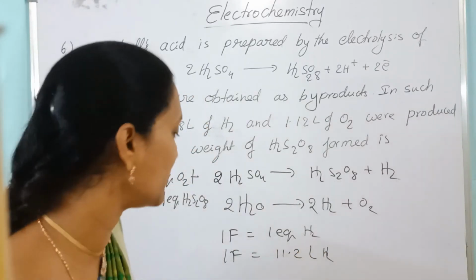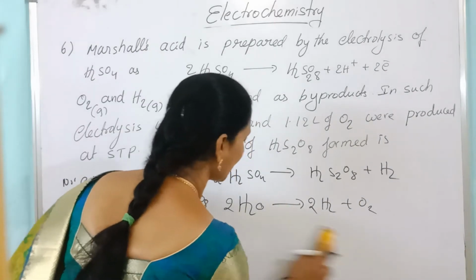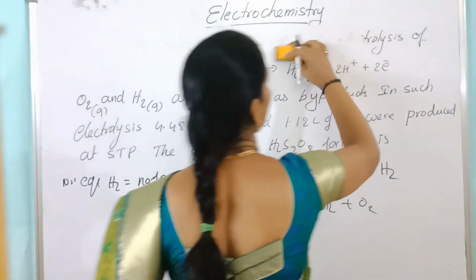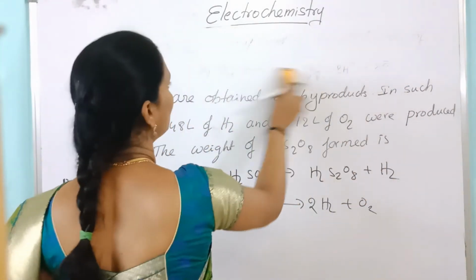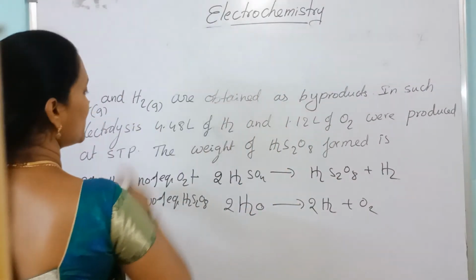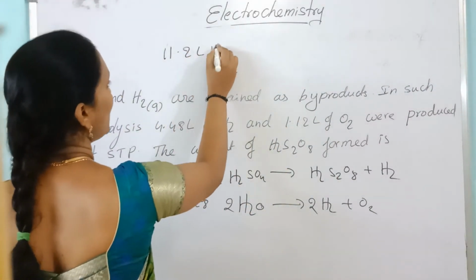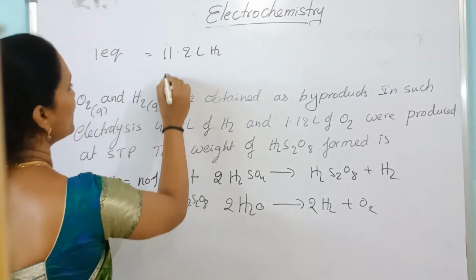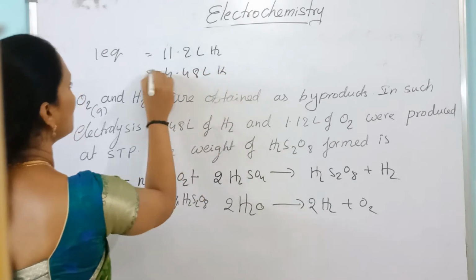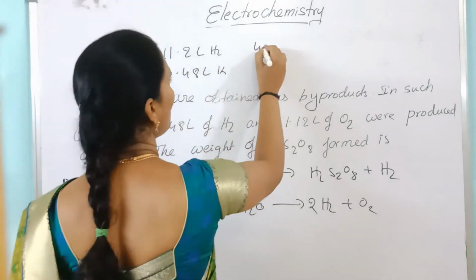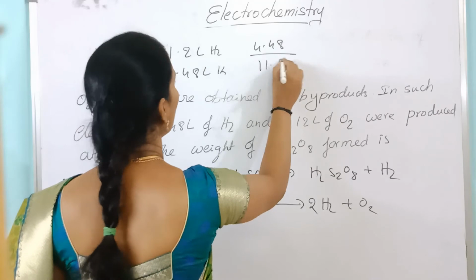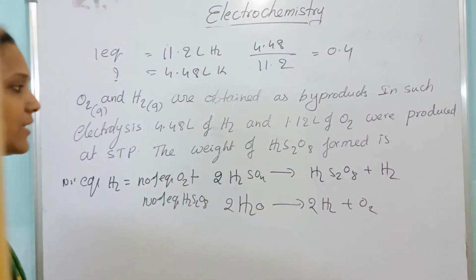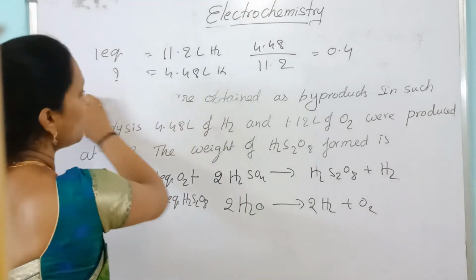So 11.2 liters of hydrogen is equal to 1 equivalent. 4.48 liters of hydrogen, how many equivalents? 4.48 by 11.2, which is nearly 0.4 equivalents.